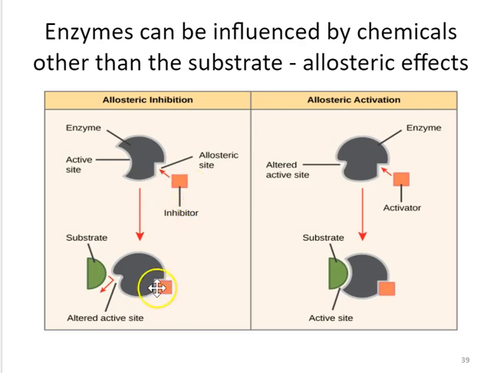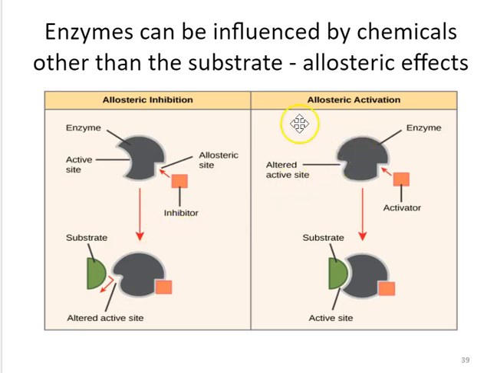And when that inhibitor binds, it causes the protein enzyme to change conformation, closing the active site and preventing the substrate from binding. So this additional chemical binds to an allosteric site, triggering a shift in the protein shape, which blocks the substrate from binding. And that's very common in biochemical metabolisms, biochemical reactions, to see allosteric inhibition.